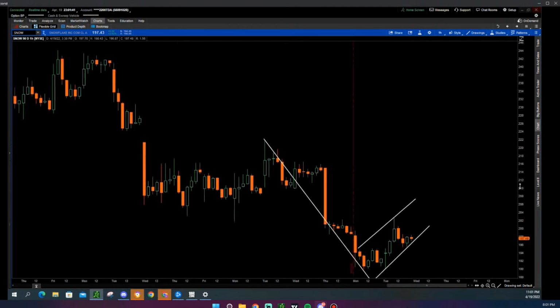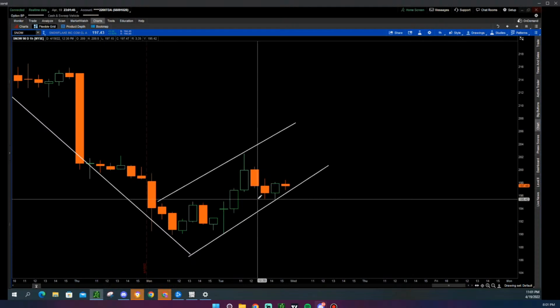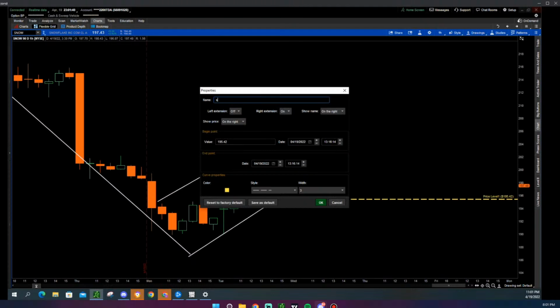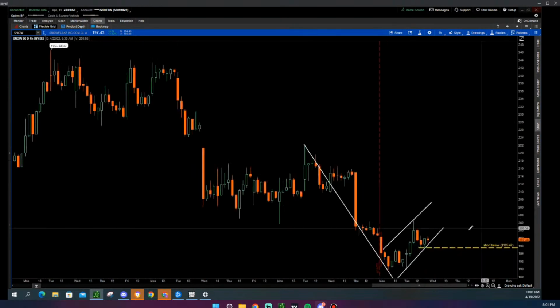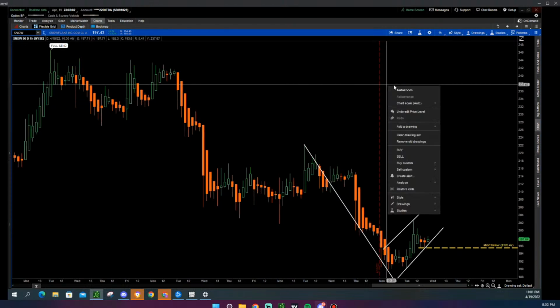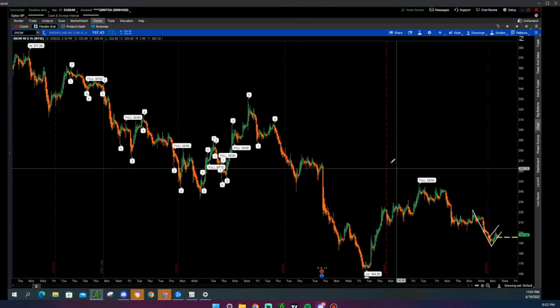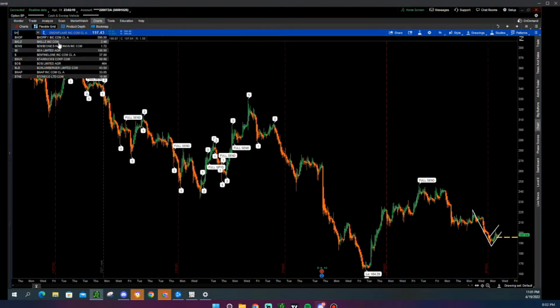Yeah, I would definitely watch this tomorrow for shorting if markets turn red. Short below. This should be an easy one. If it does go south, it should be really, really easy. So watch that one tomorrow.